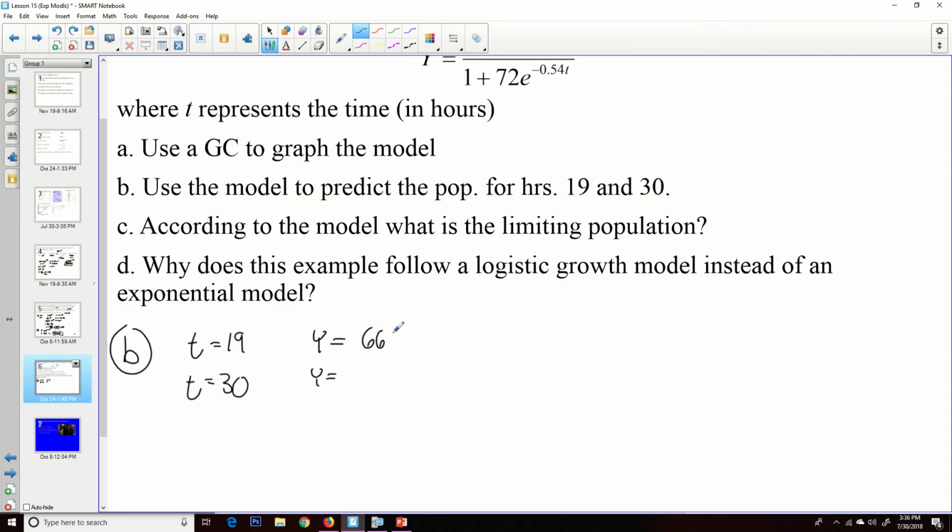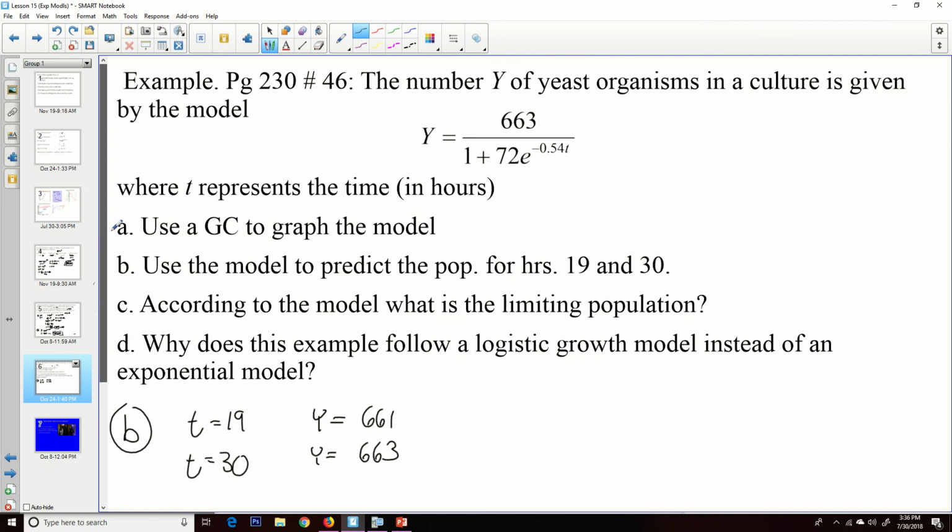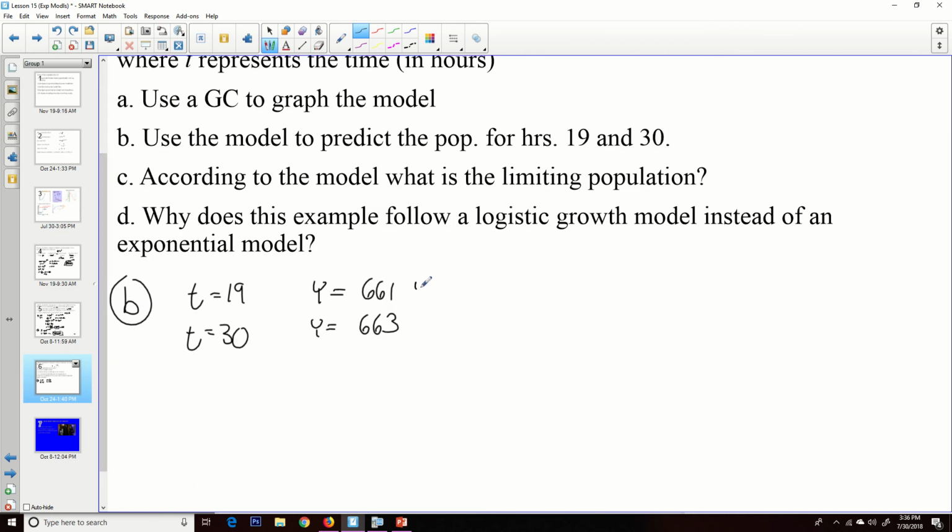So 661, 663, no decimal point there. I don't know why I put that in there. 663, and what are they? Just so we're cool. Organisms. Y-O for organisms, not young or yeast organisms. And that'll be our answer there.